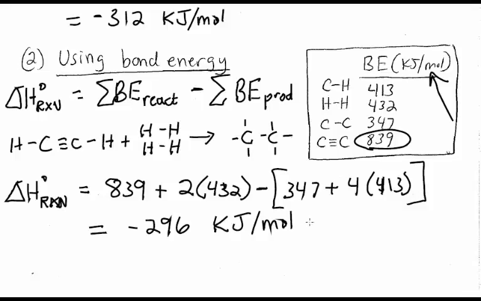However, the bond energy one is actually considered less accurate, and the reason for this is that the bond energies given in charts are really averages of those bond energies over many different molecules. So they're not exact bond energies for these specific molecules in this reaction. But anyway, both of them give an approximation. Obviously, the right answer is somewhere near negative 300 kilojoules per mole. And they are both useful tools.